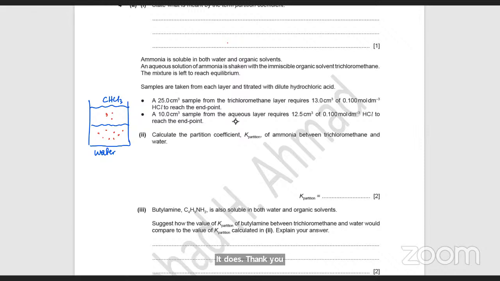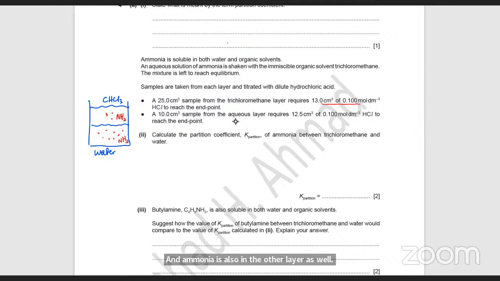Now ammonia is over here, and ammonia is also in the other layer as well.